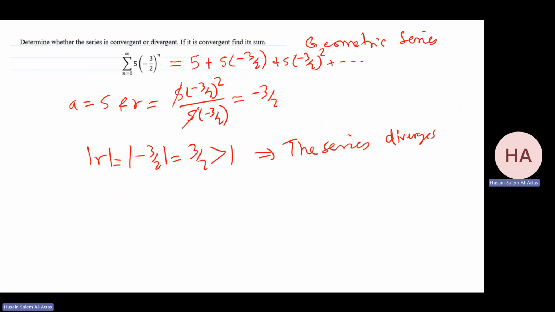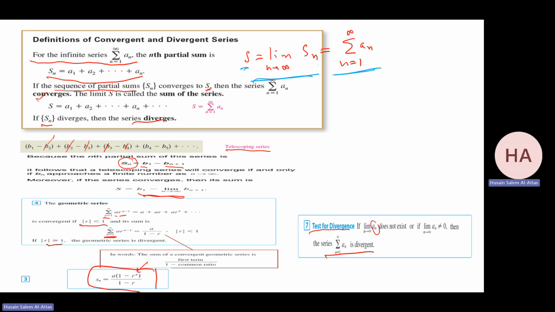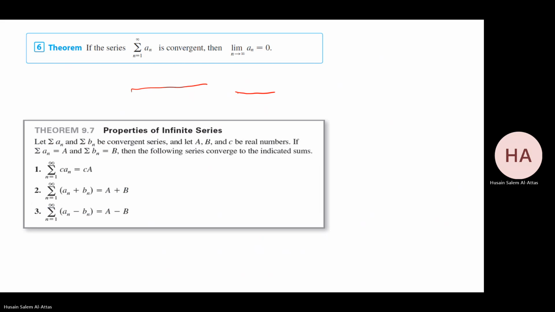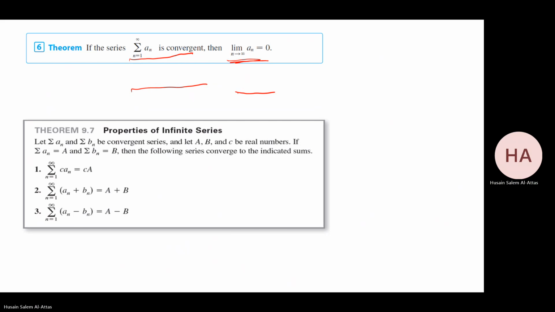In the n-th term test for divergence, before that, we have this theorem. What is it? If the series converges, what will be the limit of a_n as n goes to infinity? It will be 0.